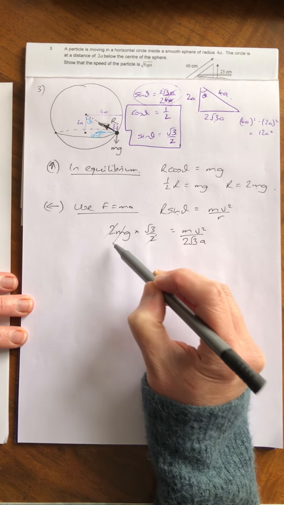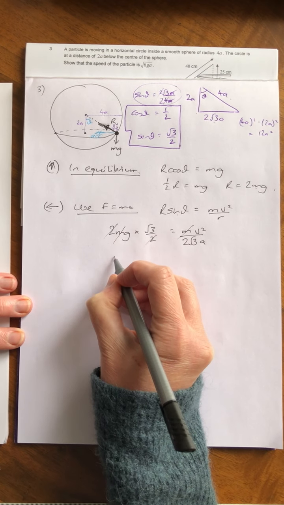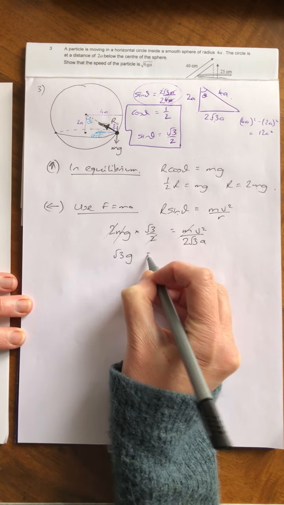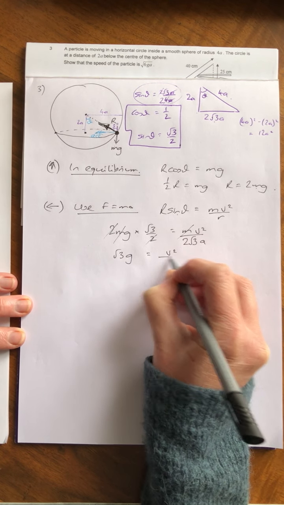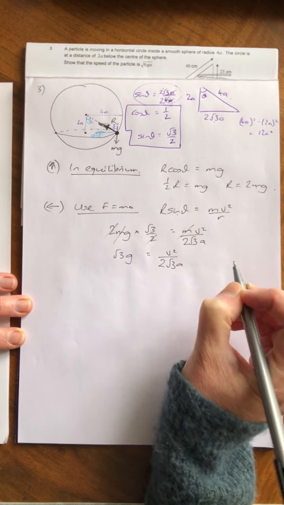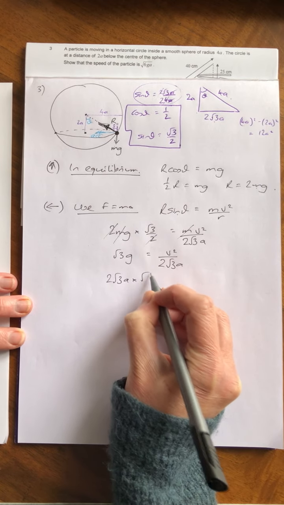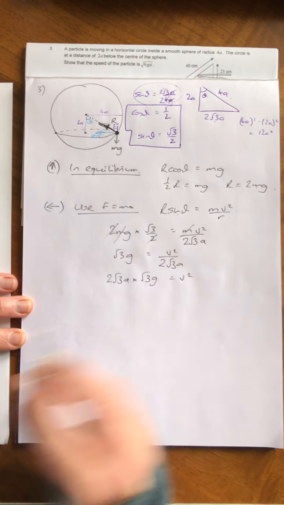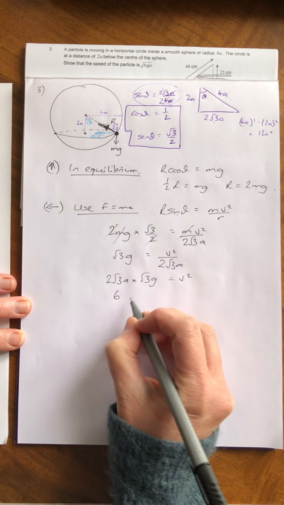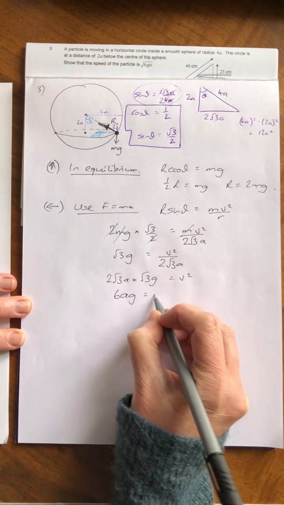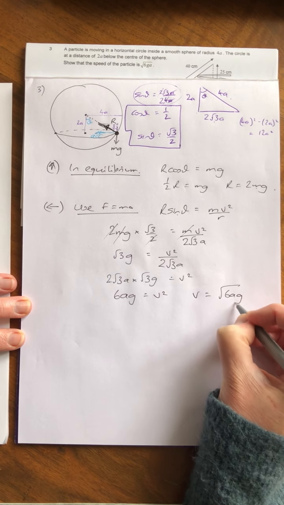I've got an m over there and an m over there, so I'm left with root 3g on the left equals v squared over 2 root 3a there. Multiply both sides by that. 2 root 3a times root 3g is v squared. Root 3 times root 3 is 3, times 2 is 6. So I've got 6ag equalling v squared. So v is root 6ag.